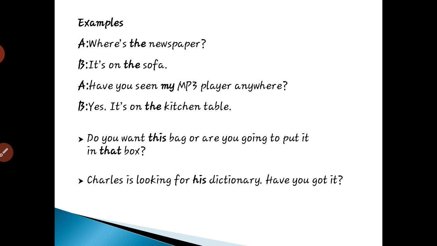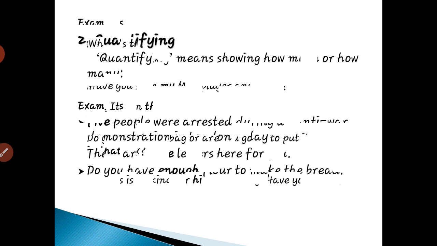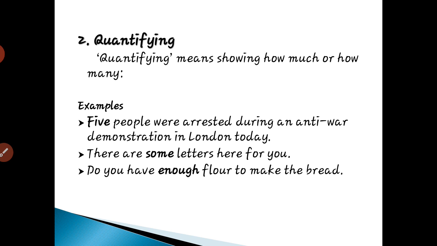So this is all about how these determiners can be a reference, where they can refer to something about a noun. Then the second important function of determiners is quantifying. Quantifying means showing how much or how many.